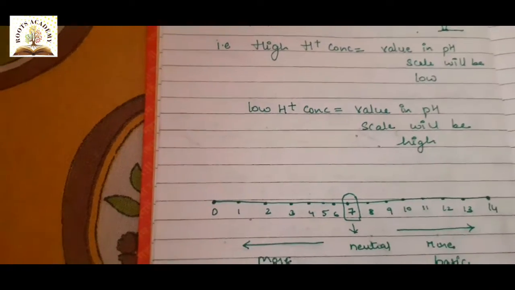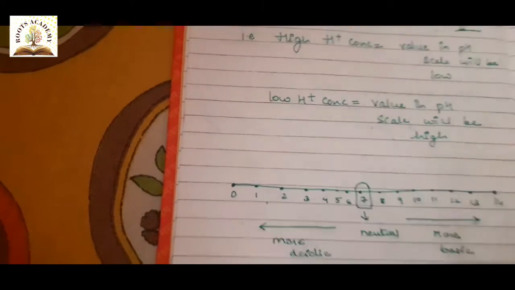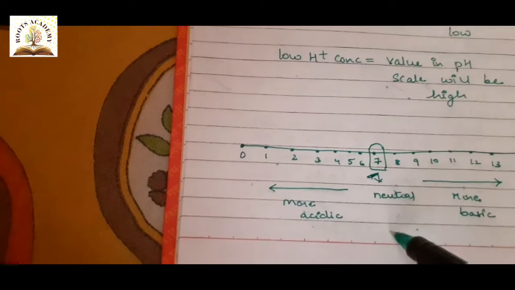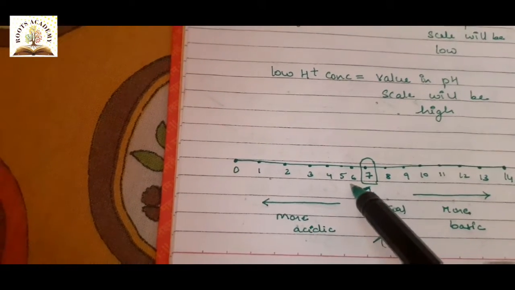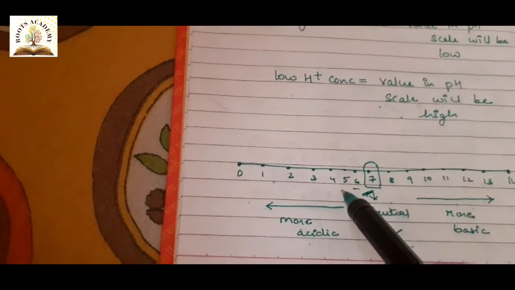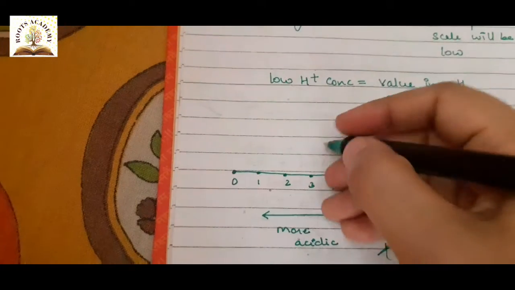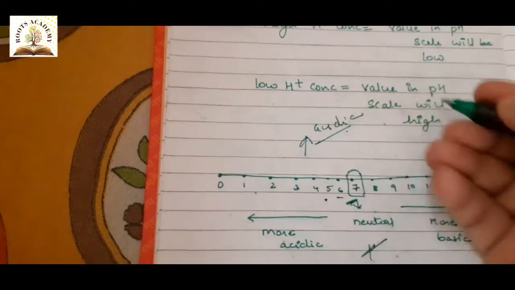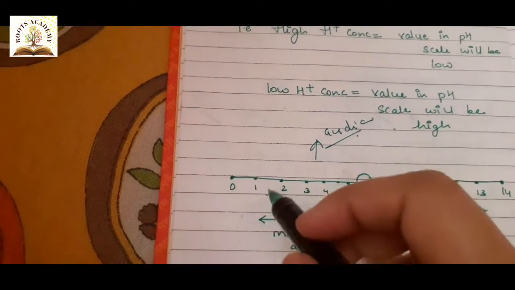The value 7 is your neutral value. Any compound showing the reading 7 is neutral. Any compound showing a reading of 6 or 5 is slightly acidic. If a compound is a strong acid, it is more acidic, so the reading will be low, somewhere around 1 or 2.